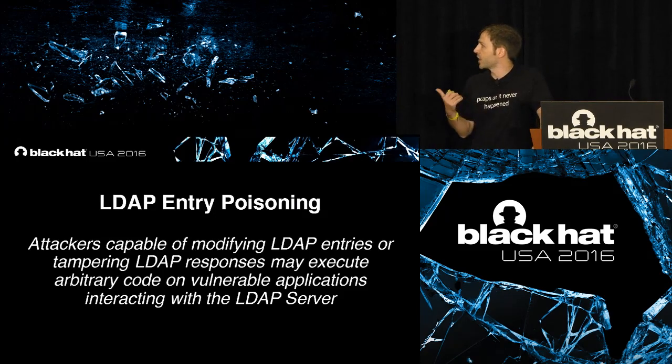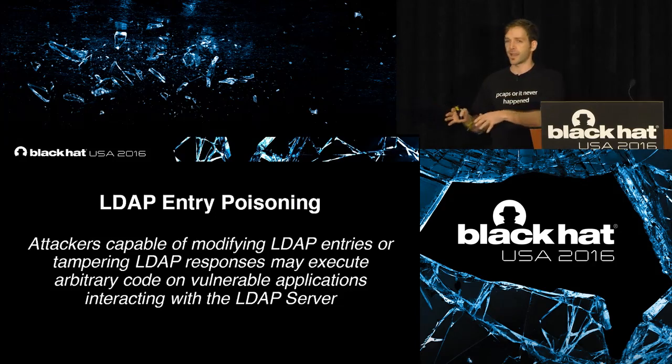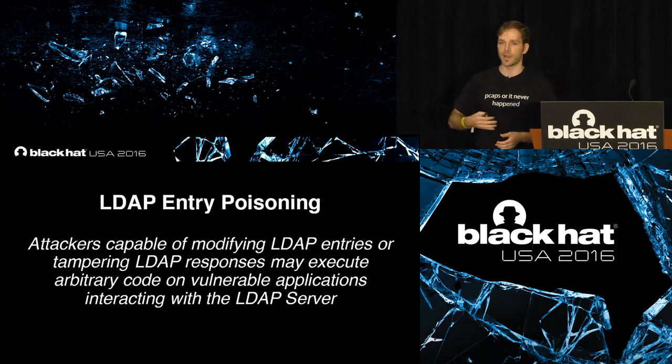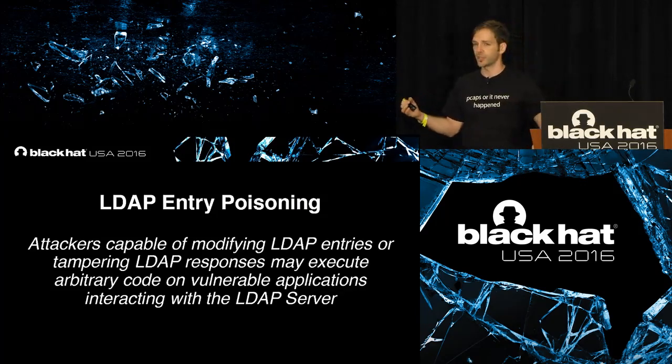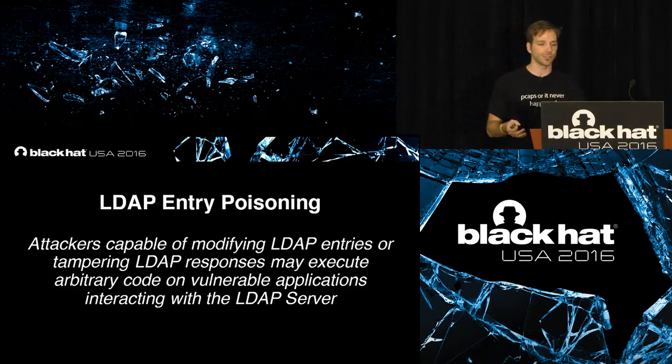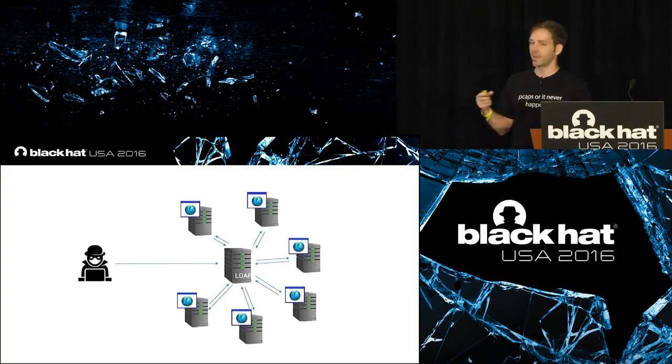So this is the second vulnerability that we found while researching the JNDI technology. Basically, if an attacker can modify an LDAP entry in an LDAP server or modify the response from an LDAP search, they may be able to gain remote code execution on any vulnerable applications that are actually performing these LDAP searches. So this is a second-order vulnerability.